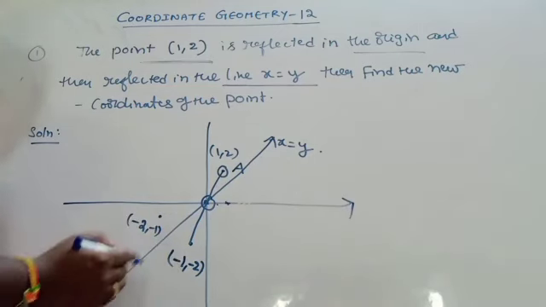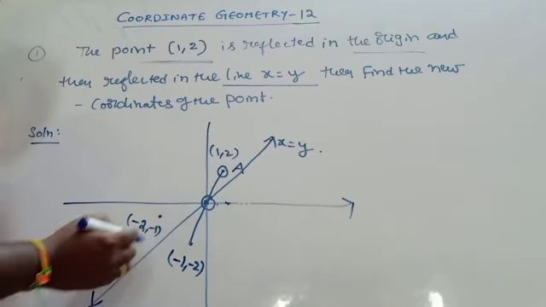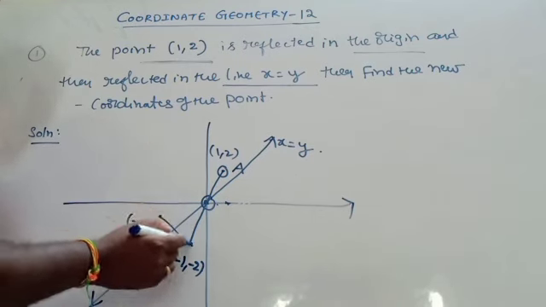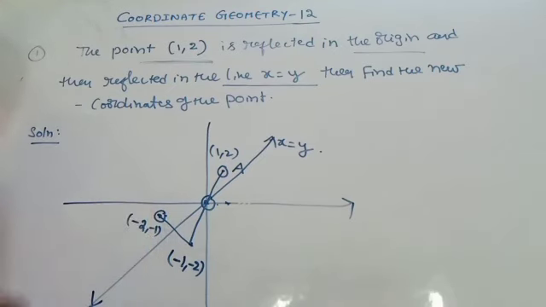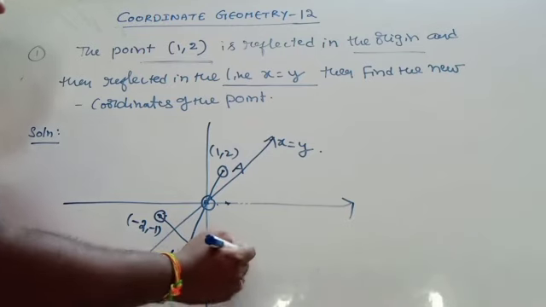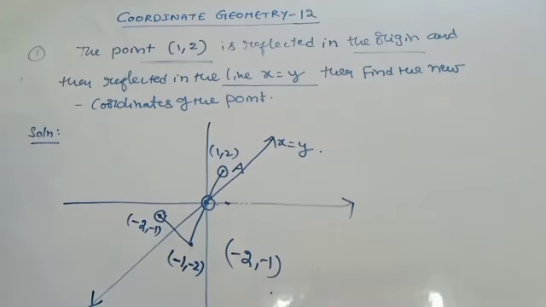It is in the third quadrant. Now if it is reflected along the line x is equal to y, then its image is this point, that is nothing but (-2, -1). Therefore the new coordinates of the point are (-2, -1), right?